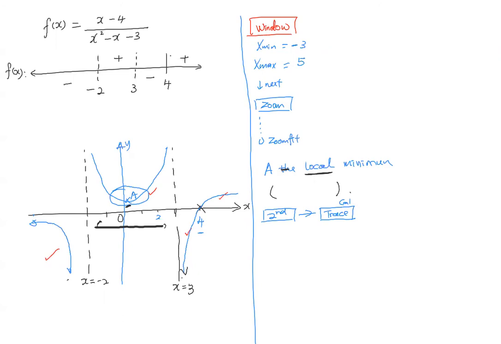Then choose which one? The minimum, number three. Left bound, right bound, correct? Done?